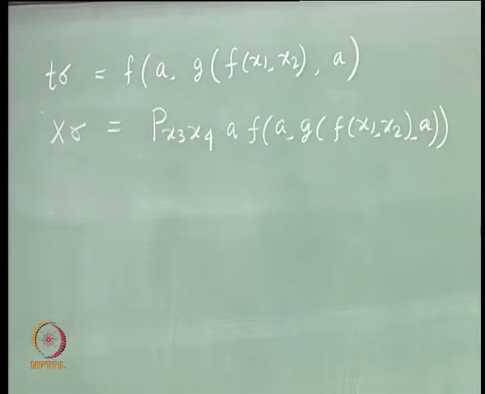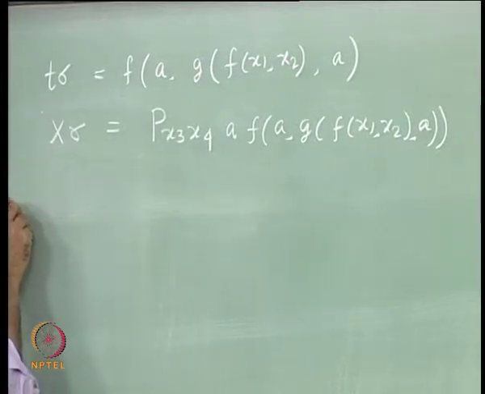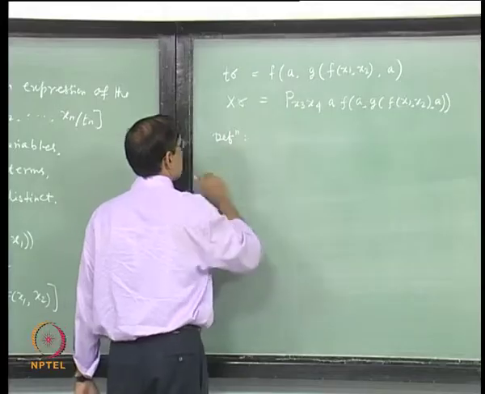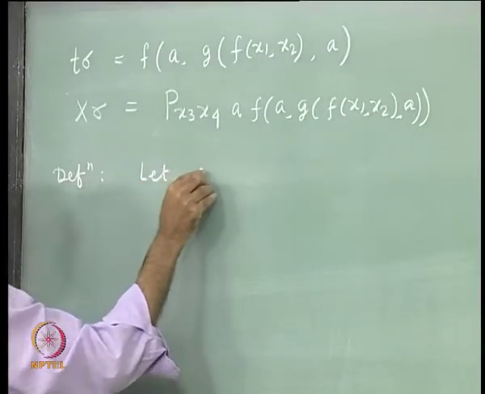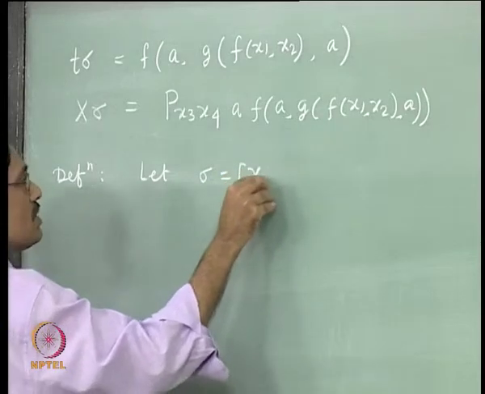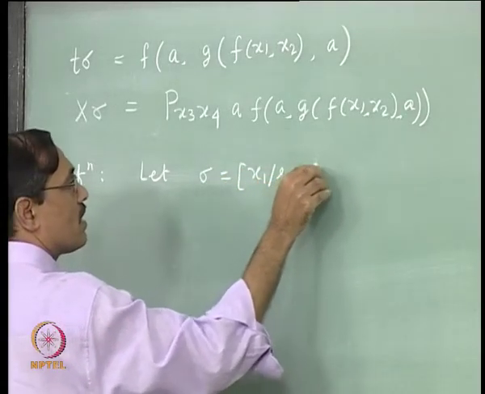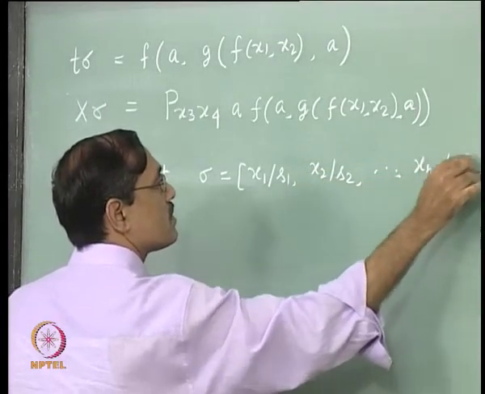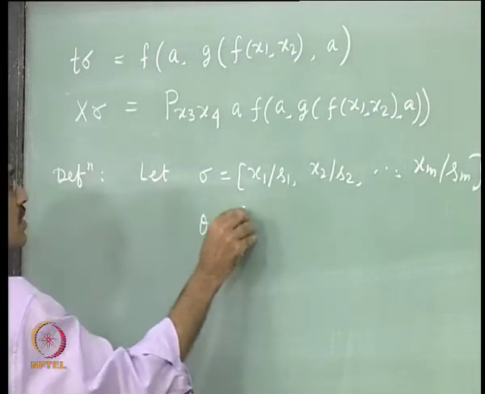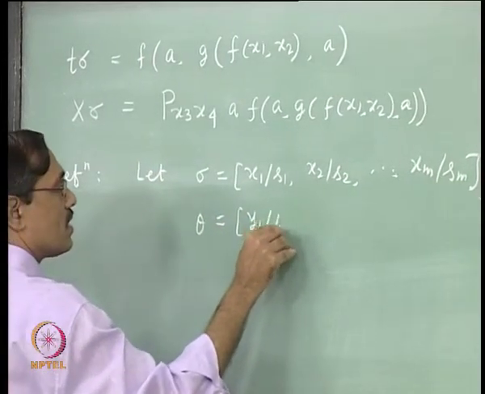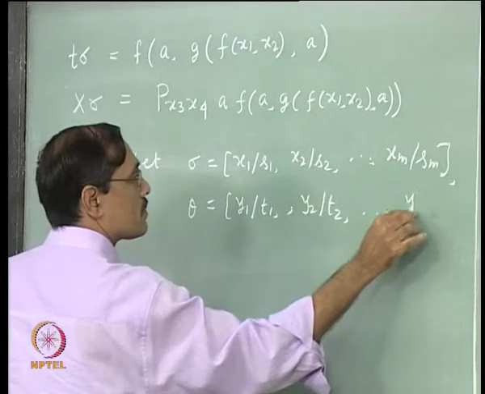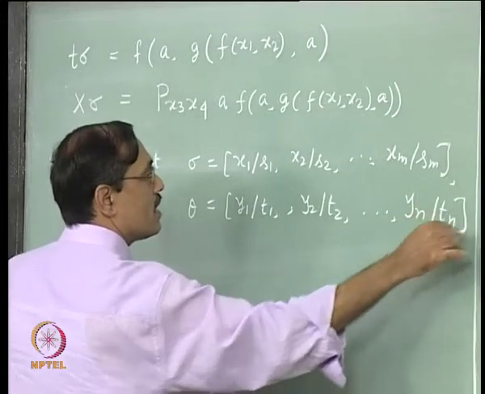Now, for the compositions, we need compositions, right. So, let us define how composition is taking care of the replacements. So, we again give a definition. Let sigma equal to a substitution of the form x1 over s1, say there are m variables to be replaced by m terms, and say theta equal to similarly y1 by t1, yn by tn, they can be different in number.